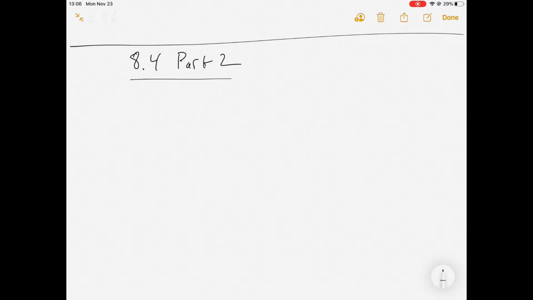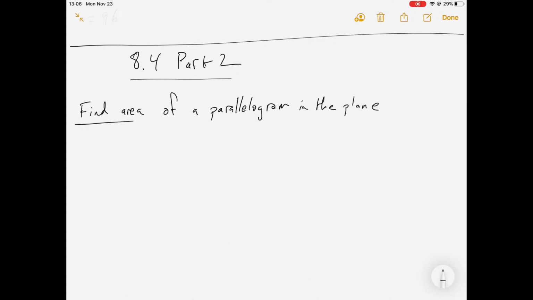To start off with, I want to look at finding the area of a parallelogram in the coordinate plane. Let's say we have a parallelogram in the xy plane, and this is 0, 0.